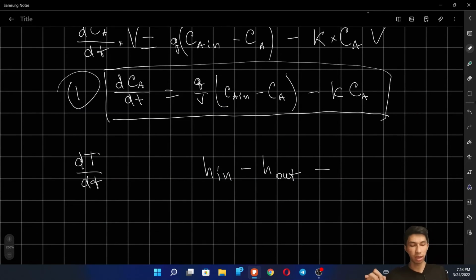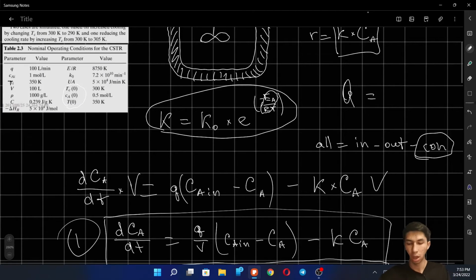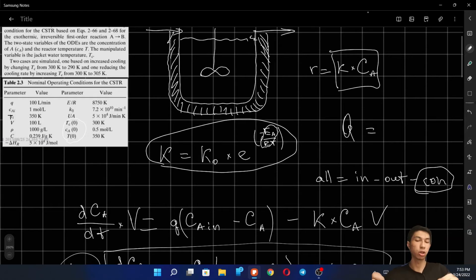So the reaction thing is going to be the enthalpy, right? So because of the energy, we're going to have the rate, the enthalpy of reactants and enthalpy of products. But this thing, UA, is going to be because of the cooling jacket. So it's going to be the change of temperature across the area of the reactor.